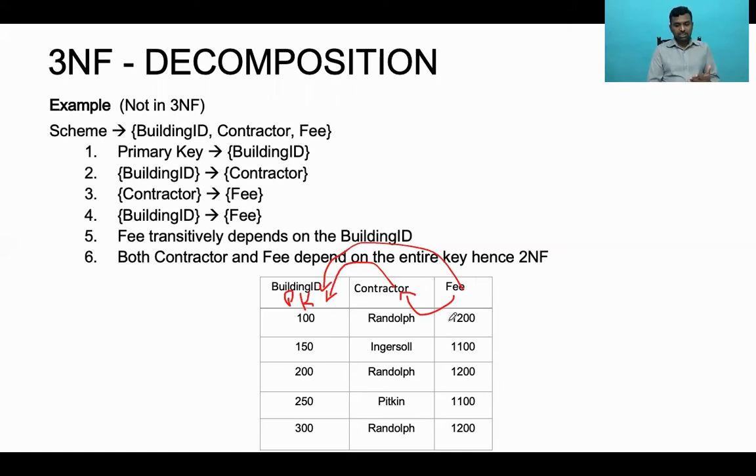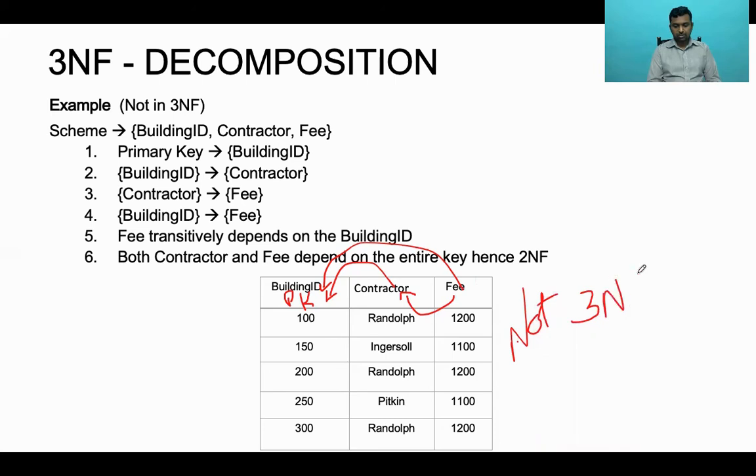Now the attribute fee cannot be dependent on contractor directly in this table. If it is so, then it is not said to be in third normal form. Now I can say it is not in 3NF.